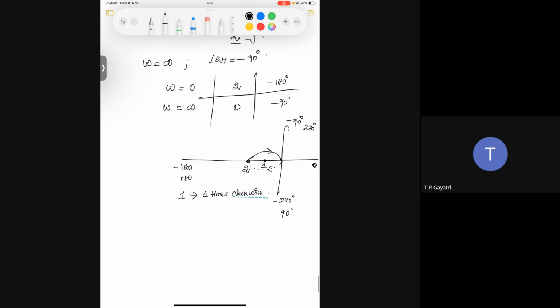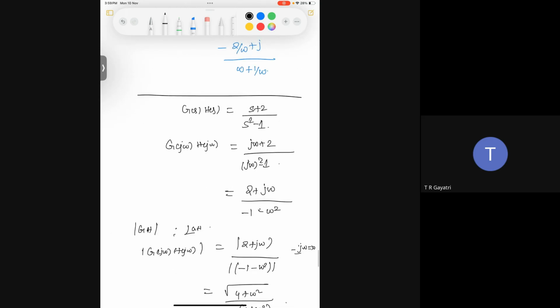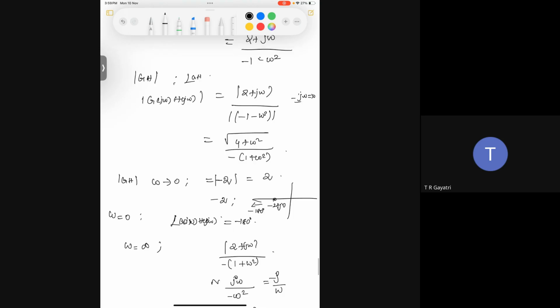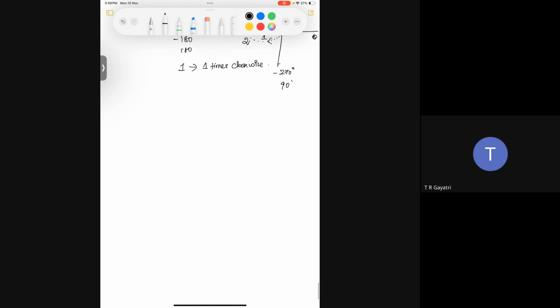P would be from the poles: s squared minus 1 plus s plus 1 into s minus 1. So one pole is in the right half plane and the anti-clockwise encirclement is 0. So one pole will be in the closed loop poles. So your closed loop will become unstable. Your system will be naturally unstable.